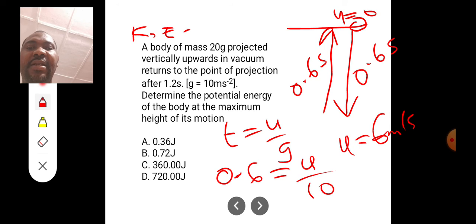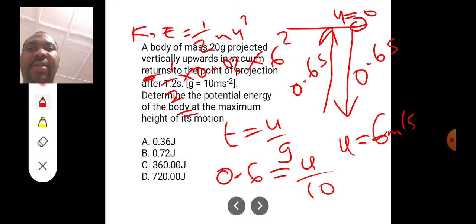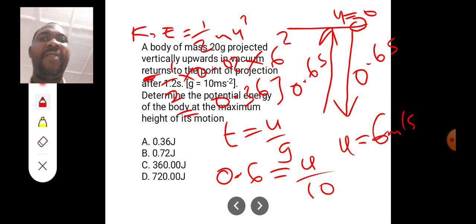Kinetic energy is equal to half mu squared, which is half times your mass 0.02, then your u is 6, so we have 6 squared. By the time we are done, we are going to get 0.36 joules. You see the same answer. This confirms that the maximum potential energy is the same thing as the maximum kinetic energy.